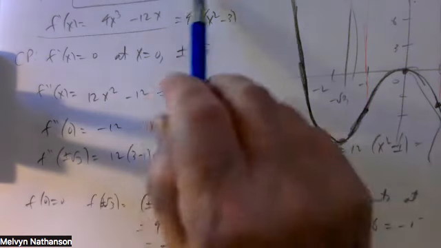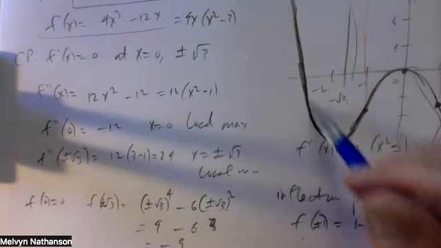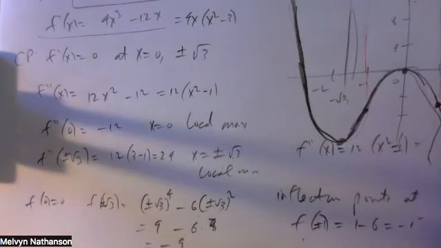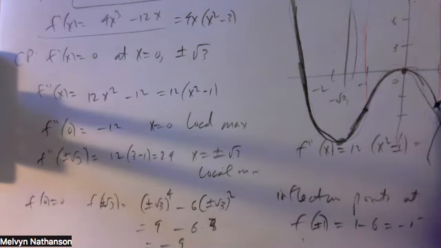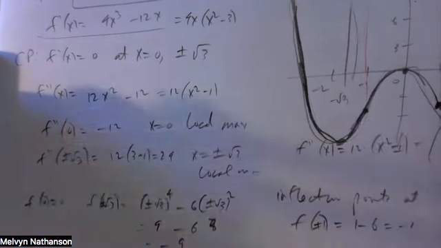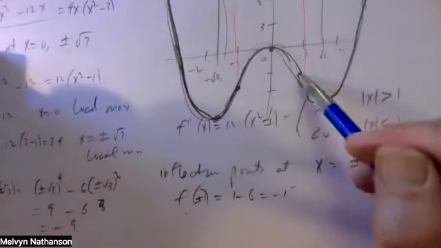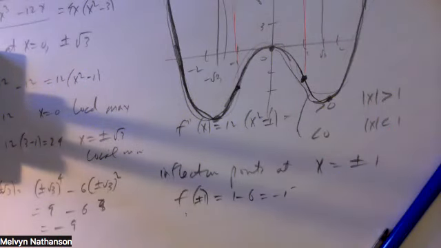The graph of this fourth degree polynomial has a minimum, a max, and a min. That's the general shape of a fourth degree polynomial. And here are the two inflection points: concave up, concave down, concave up again. That's the story.